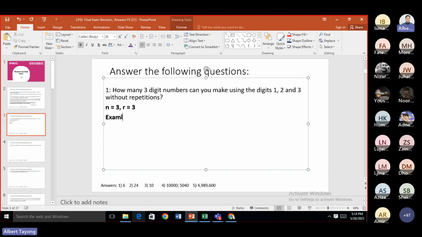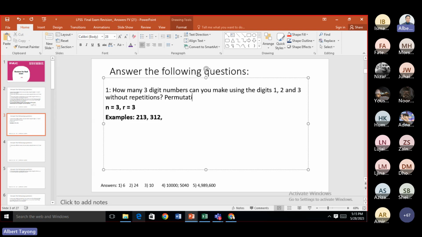Examples of this are 213, 312. We're not going to repeat anything because every digit is unique. We have only one digit per number, like 1 is only 1, 2 is only 1, and 3 is only 1. So this is permutation without repetition.